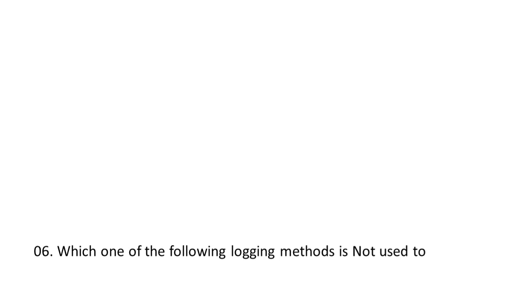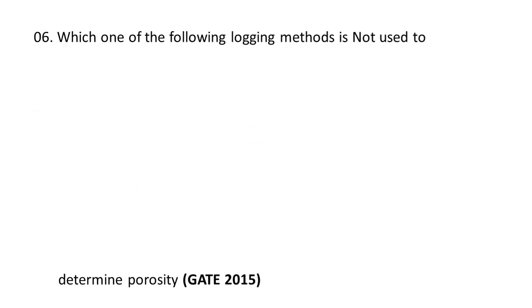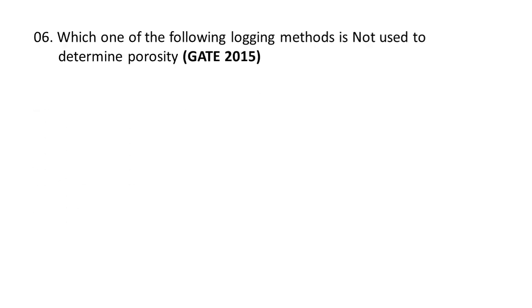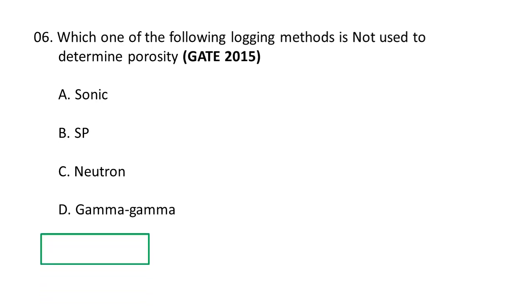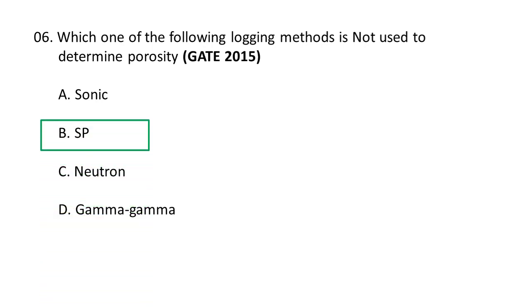Next question. Which one of the following logging methods is not used to determine porosity? The choices given are A. Sonic, B. SP, C. Neutron, D. Gamma gamma. So the logging method which is not used to determine porosity is known as SP logging. SP logging, or spontaneous potential logs, have been used widely in the petroleum industry to determine the lithology, bed thickness and the salinity of formation water.